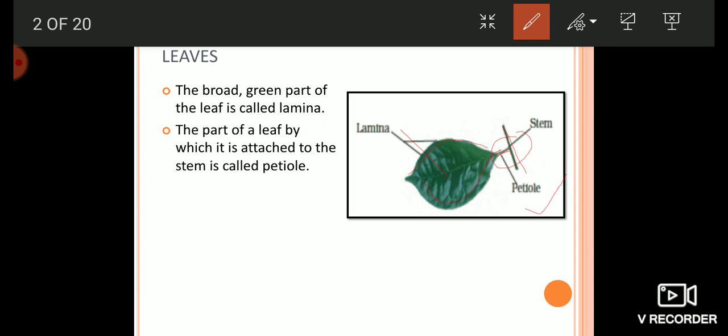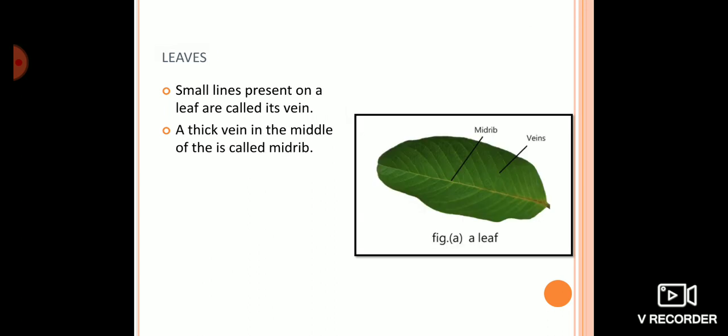Okay, now if you observe the leaves closely, we will see some lines running through them. Now you can see in this picture, the small lines present on a leaf are called its veins.